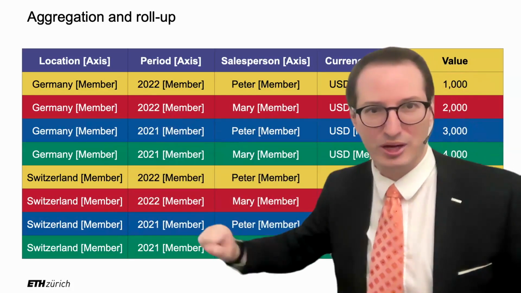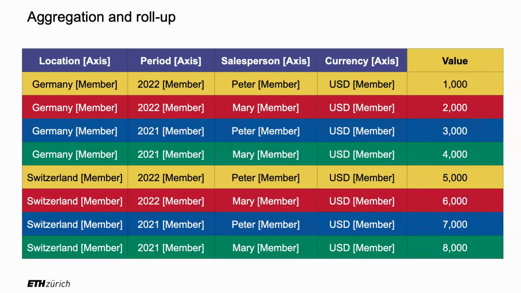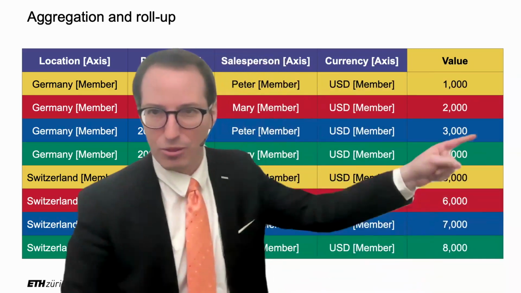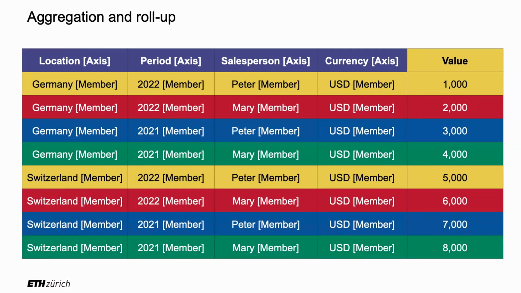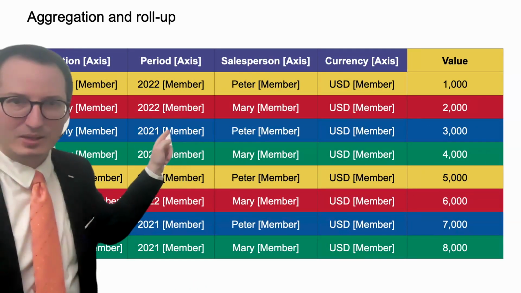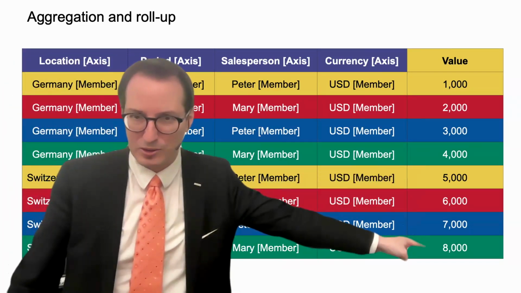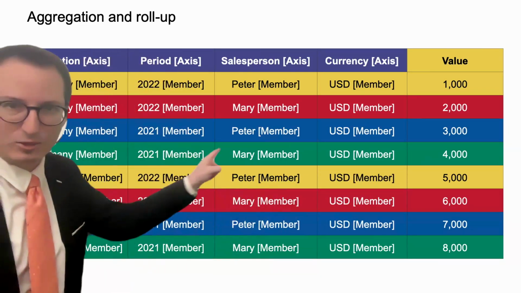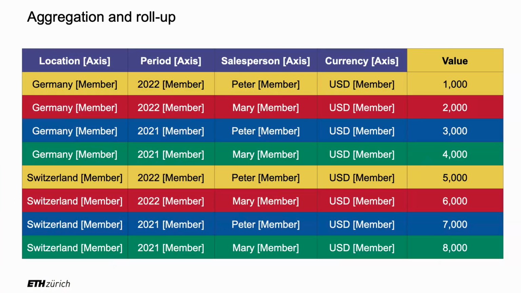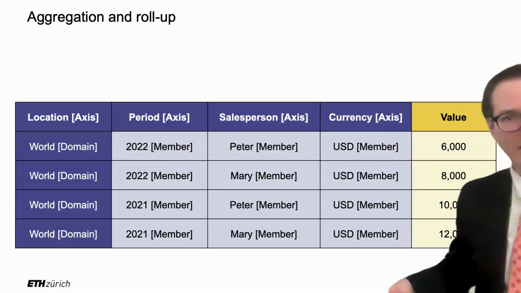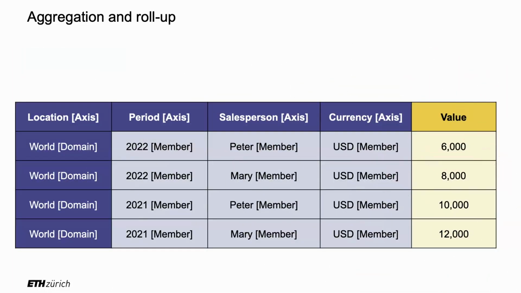You have Switzerland plus Germany. Then the blue part, so you have 3,000 plus 7,000. That's again Switzerland plus Germany, this time for 2021 Peter. And then we have 4,000 plus 8,000. That would be for 2021 Mary, and Germany plus Switzerland.